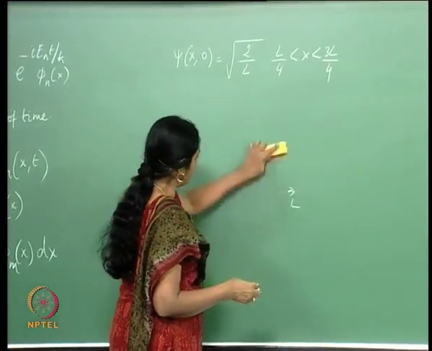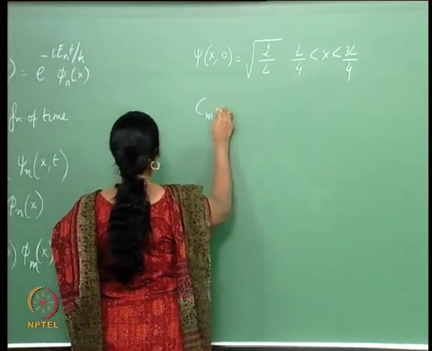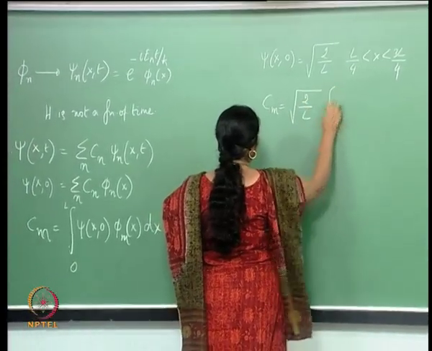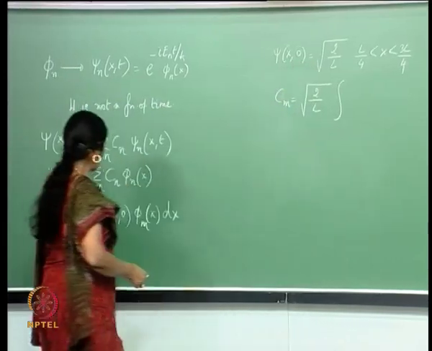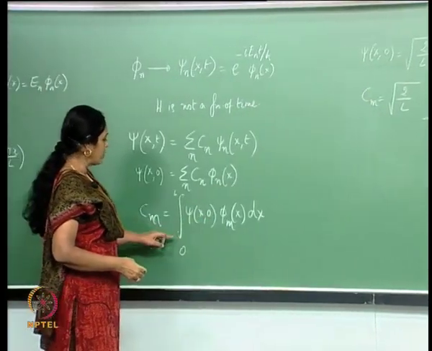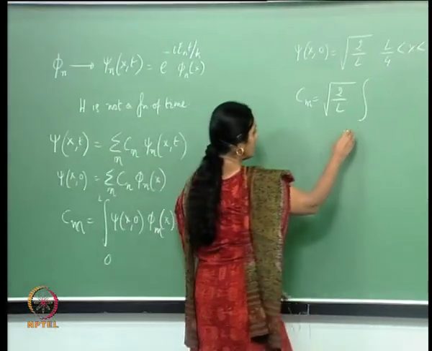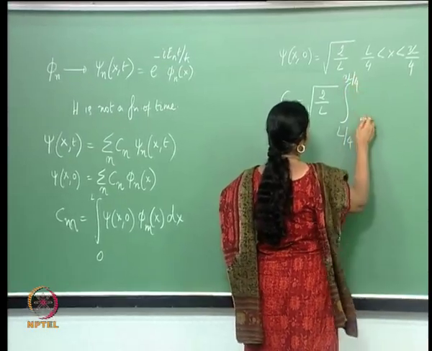So, in this example, Cm is root of 2 by L. Since psi of x 0 vanishes everywhere except from L by 4 to 3 L by 4, this integral itself needs to be done only within those limits.